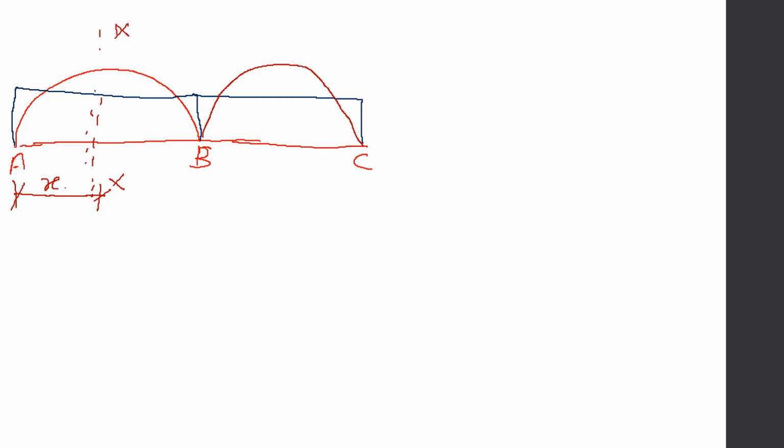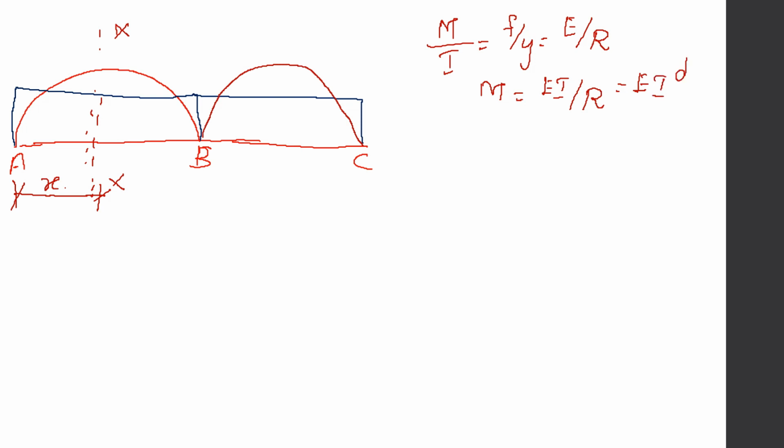Now we know from the equation of bending, M by I is equal to F by Y is equal to E by R. Therefore, M is equal to EI by R. And from this, we get M is equal to EI into d square y by dx square.